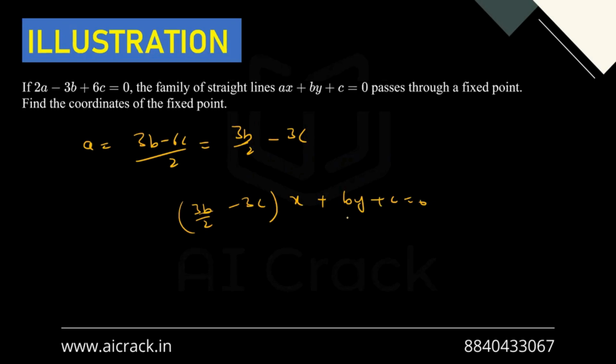Now what I'll try to do, I'll take the b terms together and the c terms together. So for b, I'll be getting b times 3 by 2 x plus 1 plus y, sorry, not 1, since b is over here and b is over here. And similarly plus c times 1 minus 3x. This is equals to 0.